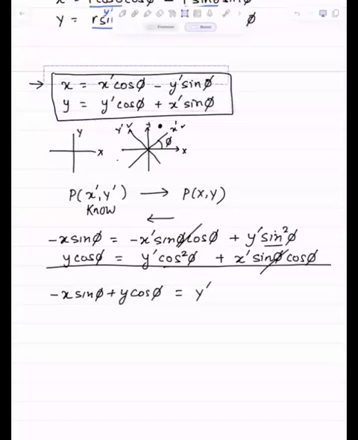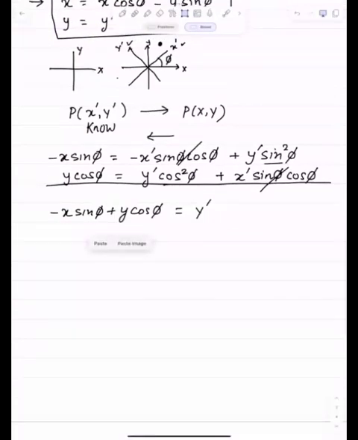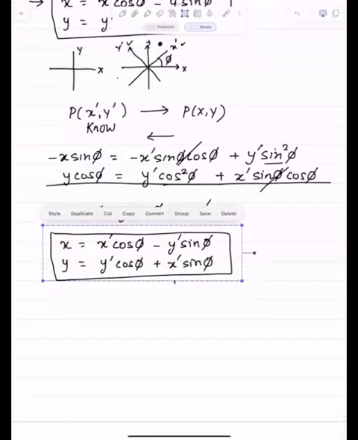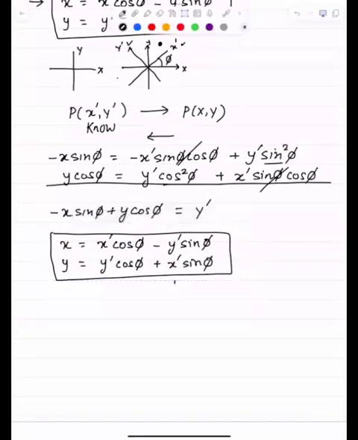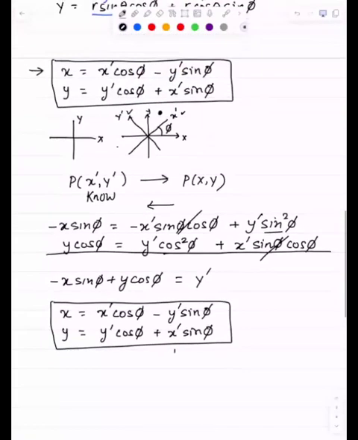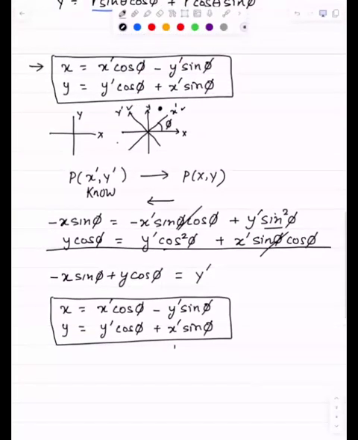This time I'm going to multiply the top by cosine phi and the bottom by sine phi.